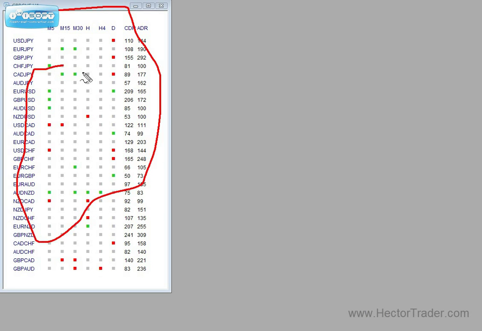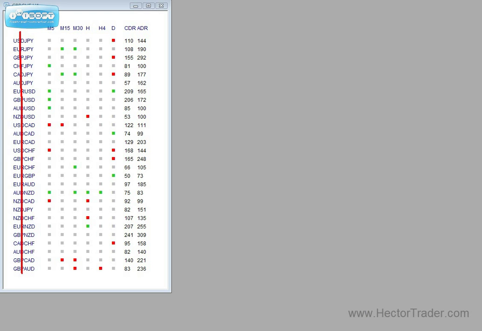Basically this indicator keeps track of 28 currency crosses in different time frames, and then it automatically reads through all those charts and prints either a gray square, a green square, or a red square, depending on whether that currency cross on that particular time frame is uptrending, downtrending, or not trending at all.